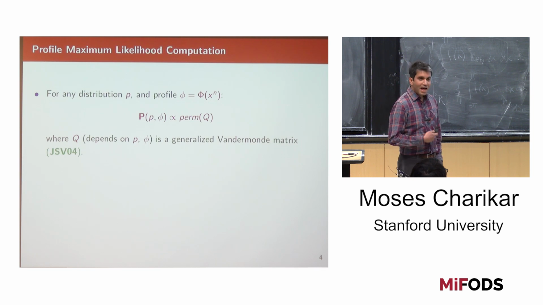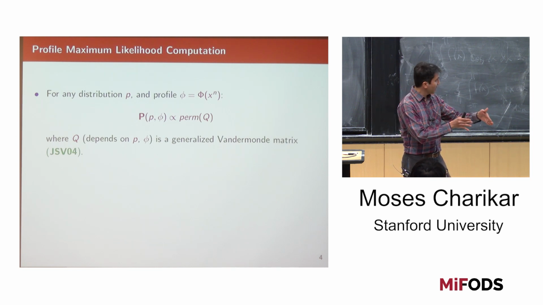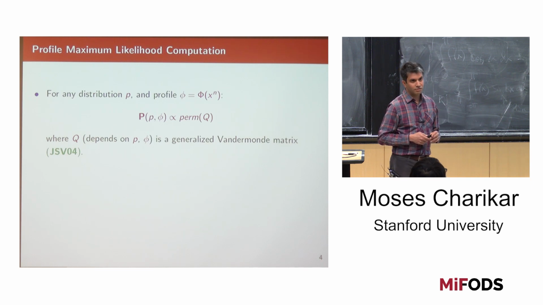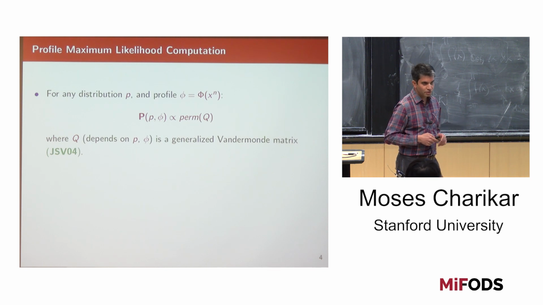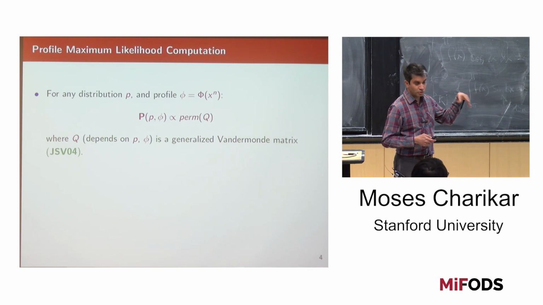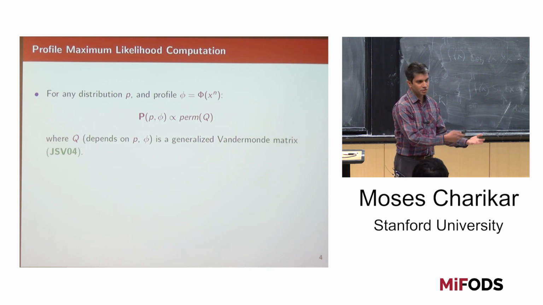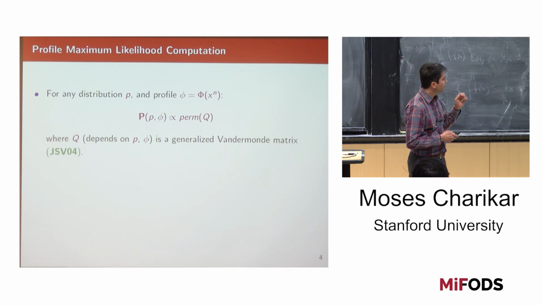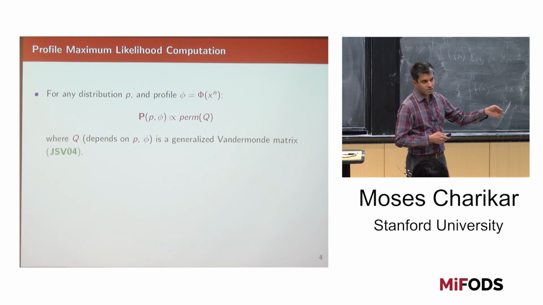That, it turns out, is a combinatorial term that depends only on phi, and a second term, which is a permanent of a matrix. And what is this matrix? This matrix is a certain Vandermonde matrix that we'll come back to later in the talk. But the profile maximum likelihood objective function is proportional to the permanent of a certain matrix, which is a function of P as well as phi.